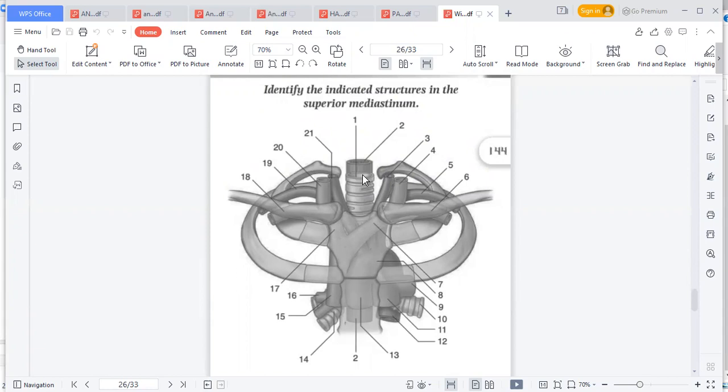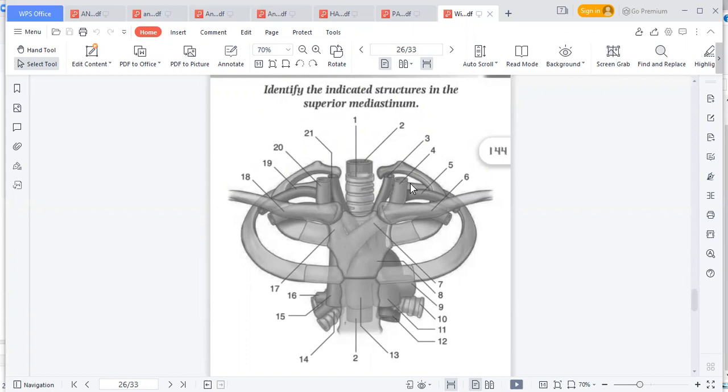Number three, we know that this is called the left common carotid. Number four is the left subclavian artery. Is it? Yes.